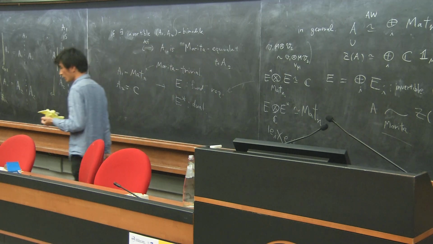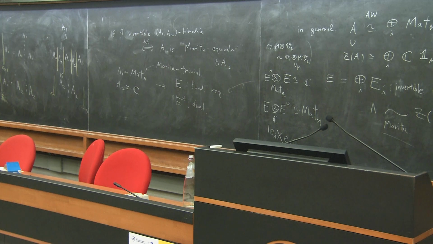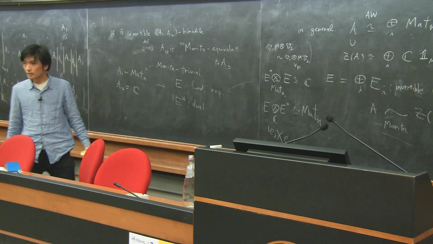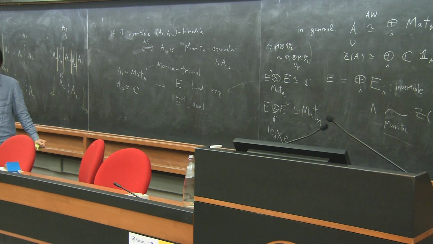Regarding this Morita equivalence, I understand it is an equivalence relation, but can you comment on why it is a physical equivalence? In other words, why physically is it not possible to distinguish A, which is a large set of matrices, from A which is just complex numbers? Why should they be regarded as identical physical systems?